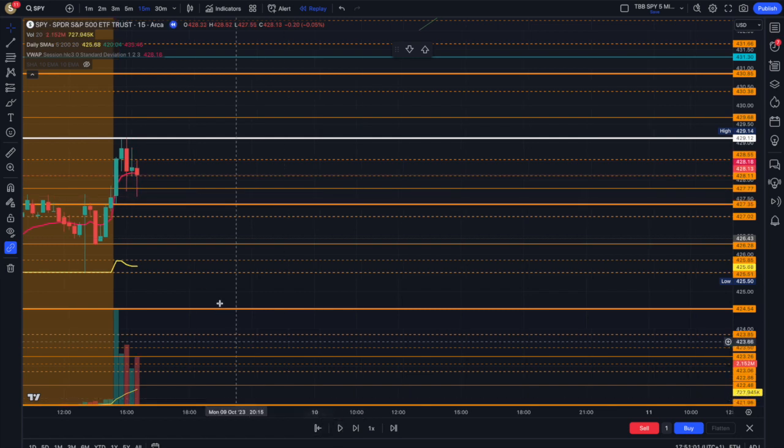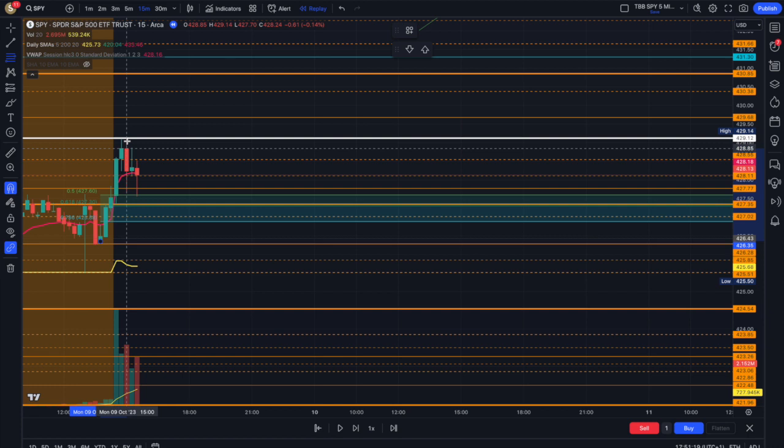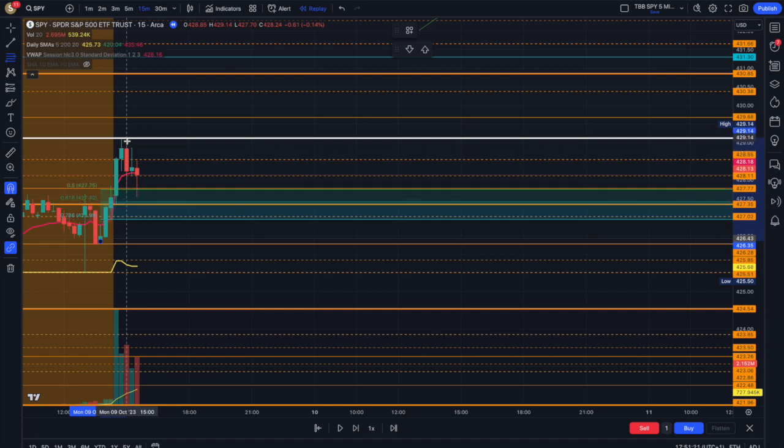Here we can see that we have a pivot from this point in pre-market up at this point. So what I'm going to do here is grab the Fibonacci retracement tool and then use the bottom of this candle and drag it to this point here, which is also the high of day.